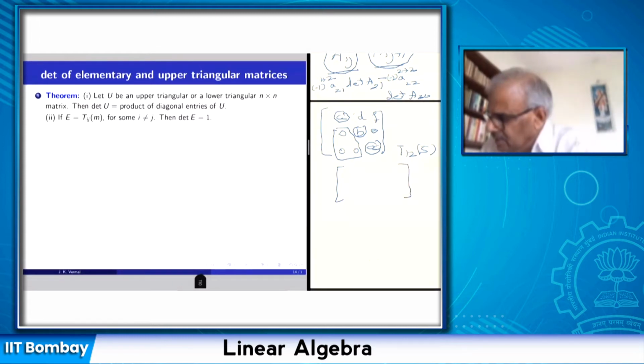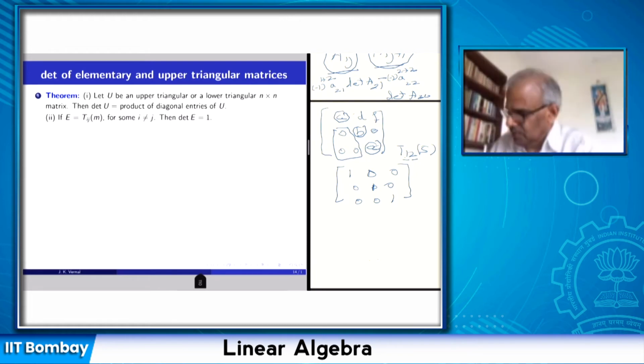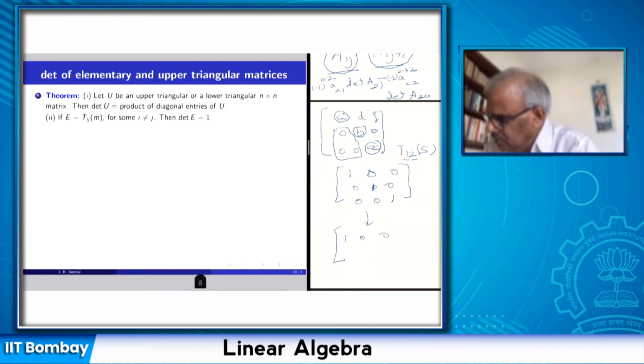So we're adding the first row to the second row after multiplying by 5, and we do this for the identity matrix. So this is the identity matrix, and we perform the row operation, that is adding 5 times the first row to the second row, and so this will be 1 0 0, 5 1 0, 0 0 1. So this is my T12(5).